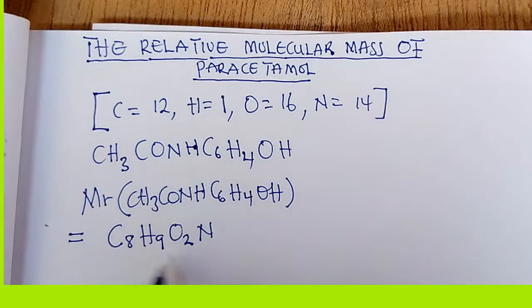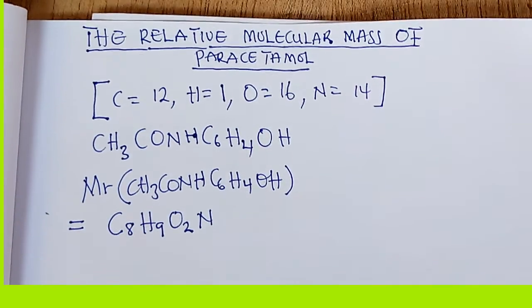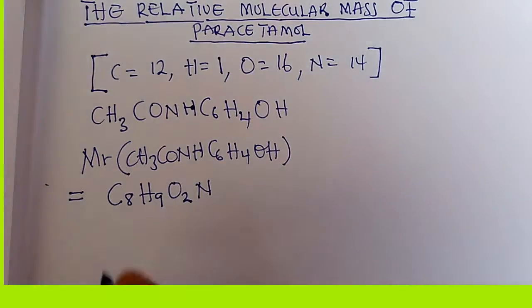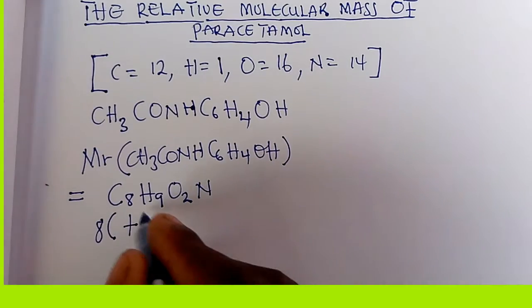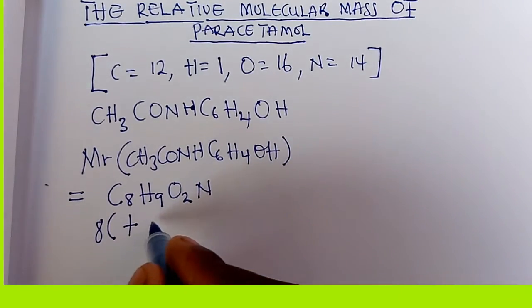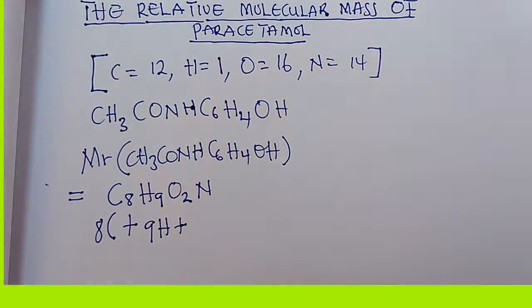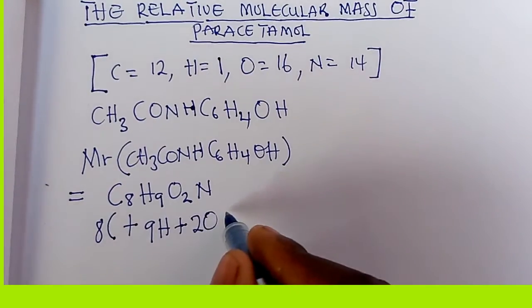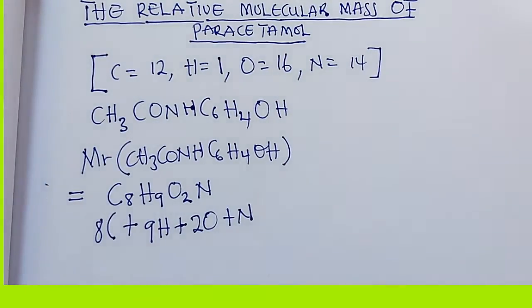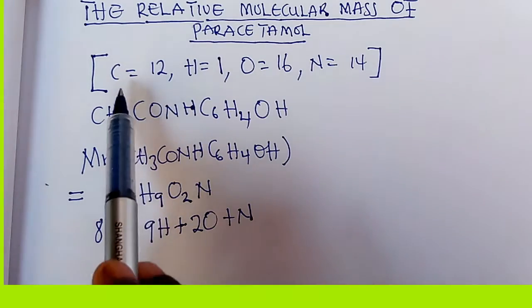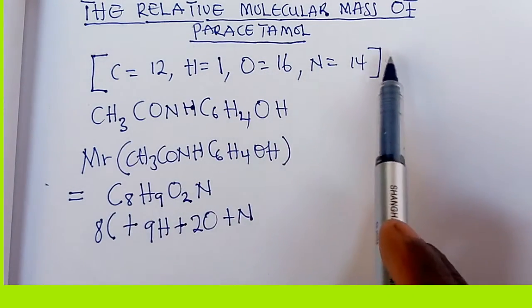Now, how many carbon atoms do we have in all? It's 8, so write 8C, plus 9 atoms of hydrogen, 9H, plus 2 atoms of oxygen, 2O, and then plus only 1 atom of nitrogen. Perfect. Now let's think about the relative atomic masses of the individual atoms.